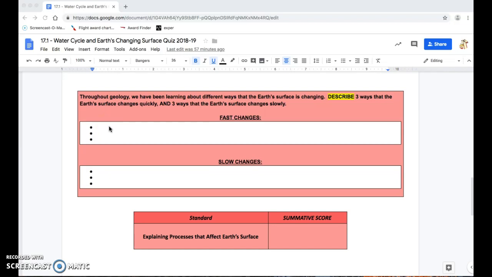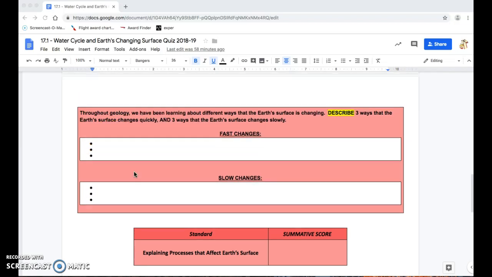I need to know how that particular event changes the Earth's surface. So you could say giant iguanas change the Earth's surface very rapidly because giant iguanas take huge chunks out of the Earth's crust because they like eating rocks. Something like that is more of the explanation that I need. So we have 3 fast and also 3 slow that we have to have.